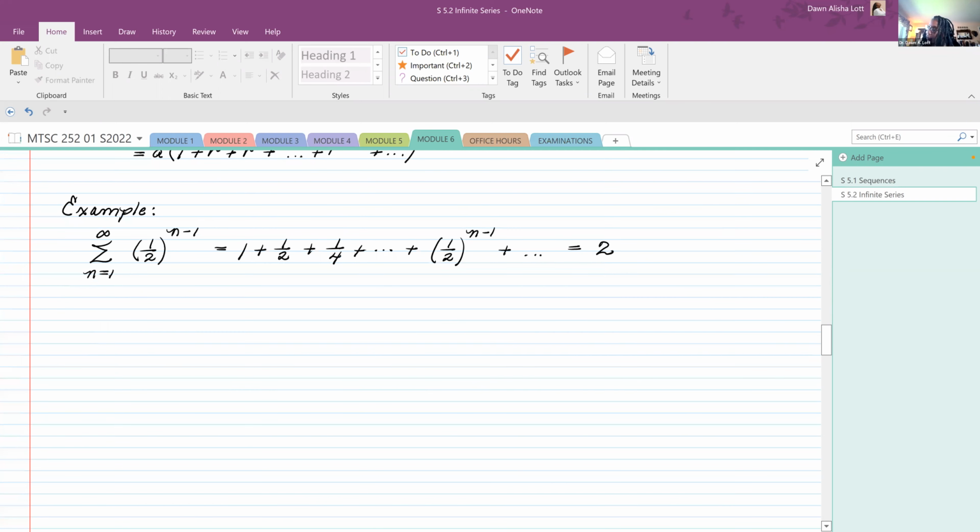But how about this one? The sum n equals 1 to infinity of 3 times 2/3 to the n minus 1.